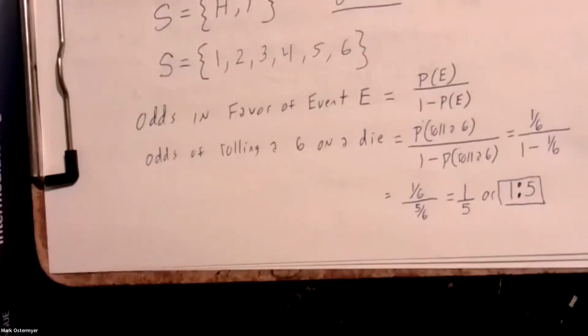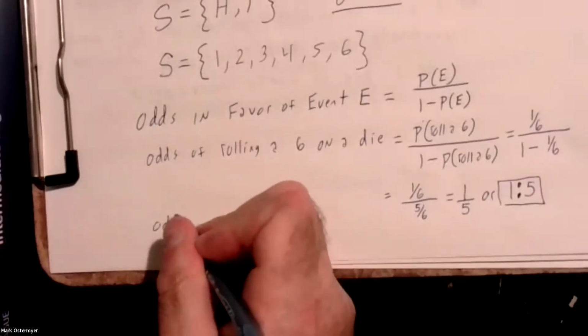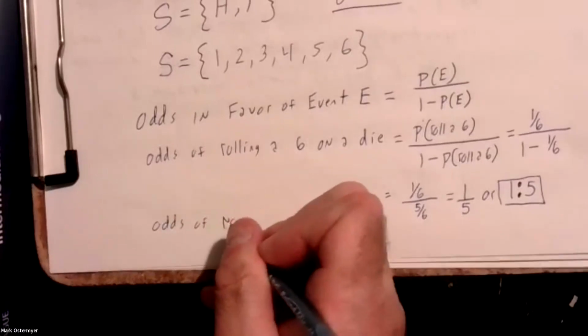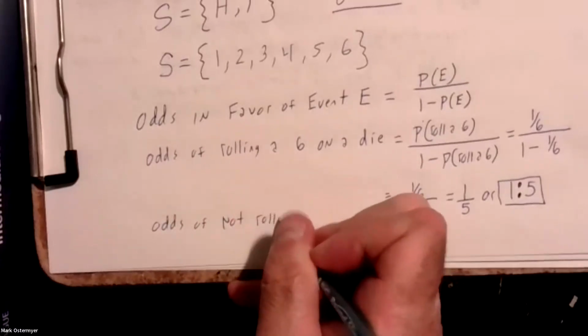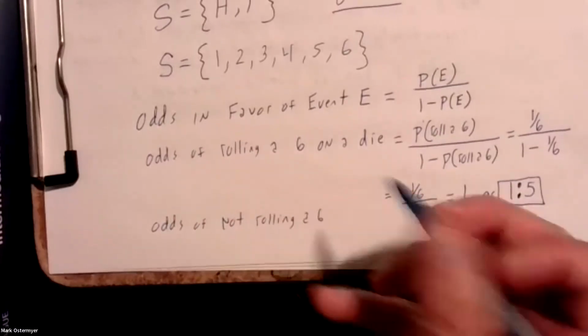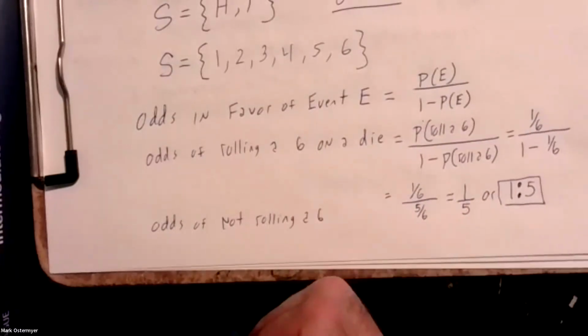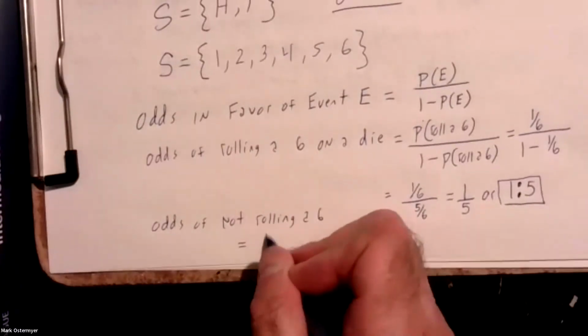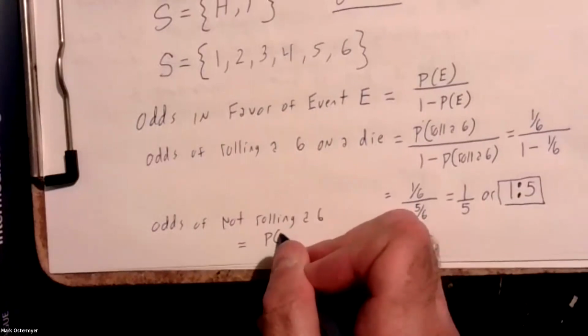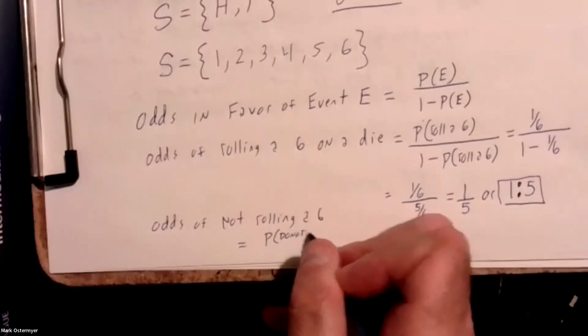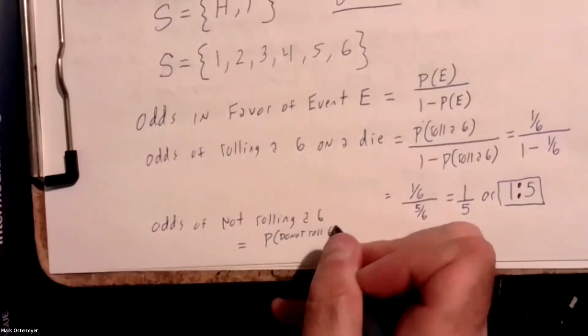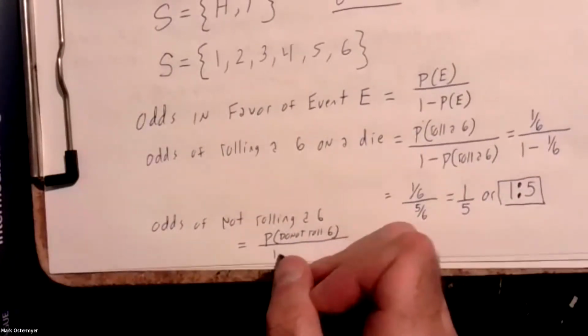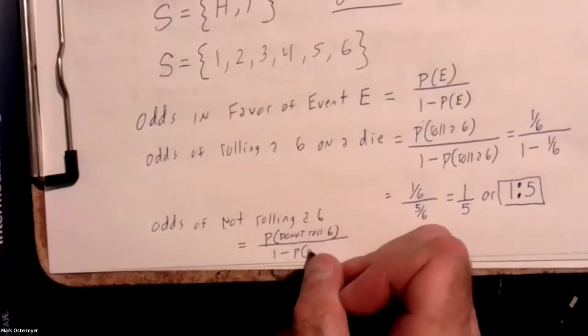So ladies and gentlemen, what would be the odds of not rolling a 6? What do you think? Well, that's going to be the probability that we do not roll a 6 divided by 1 minus the probability we do not roll a 6.